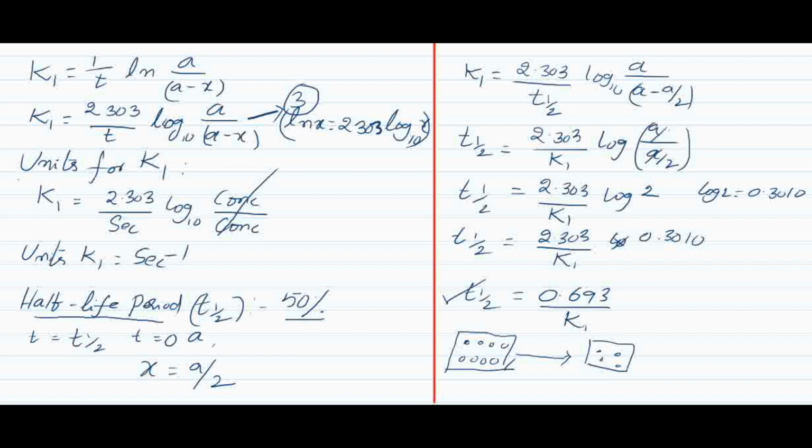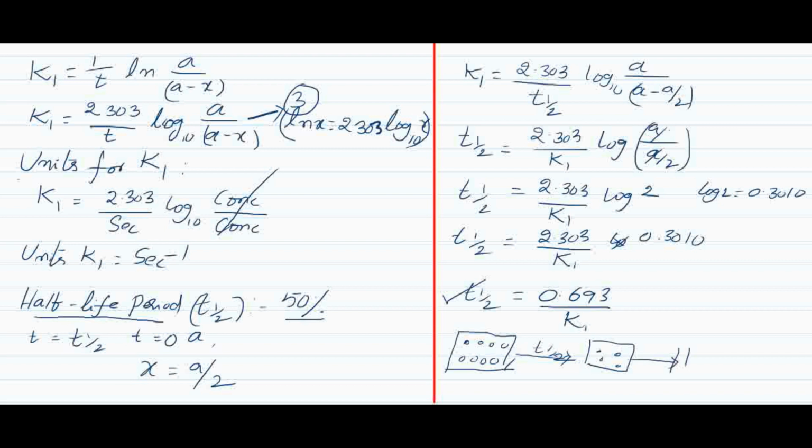So the 8 molecules, 4 molecules are converted into the products, and 4 molecules are remaining. So this is 1 t half. That's the time required for half of the reaction. So 8 molecules to 4 molecules, 1 half-life.